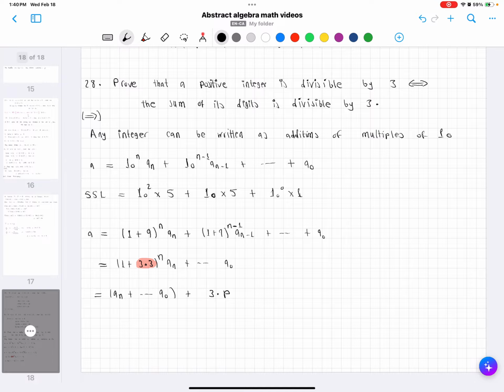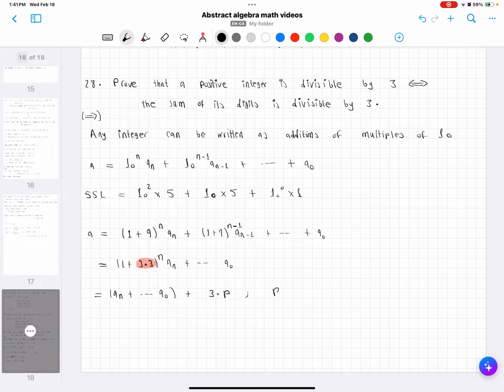But then that remainder must be unique, right? So in order for this to be, because we started out that it's divisible by 3, we must have that this addition is divisible by 3 as a result. So that's the core reason.